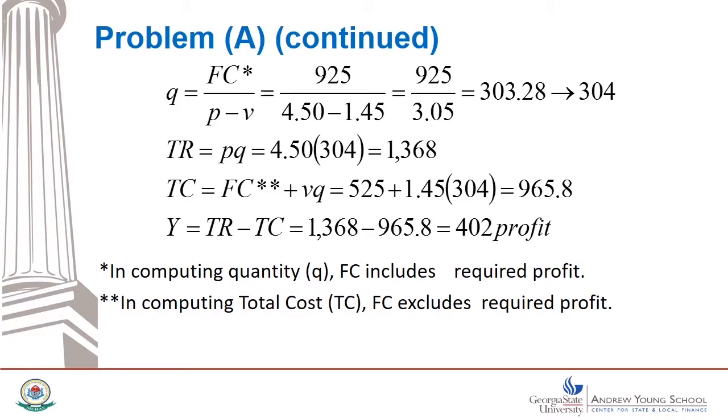Y, or profit, is then the total revenue of $1,368 minus the total costs of $965.8, which produces a profit of $402, which is extremely close to our target profit of $400. The difference is due to having to round up our quantity to the nearest whole pie.